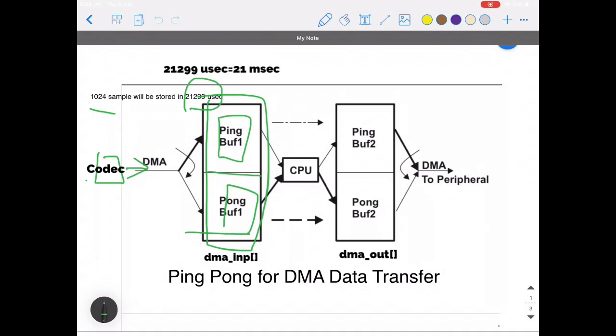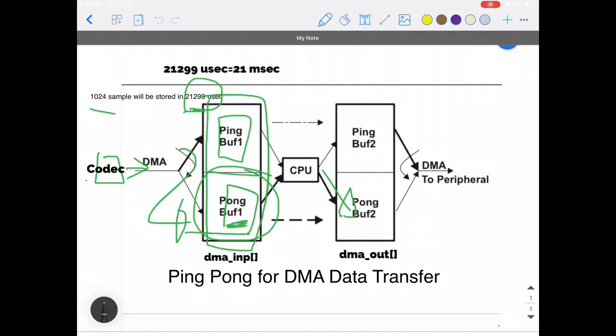So the CPU has about 21 milliseconds to process the first block which is stored in the pong buffer, and after processing can put the result in pong buffer 2. After the 21 milliseconds, DMA will switch back to the pong buffer.